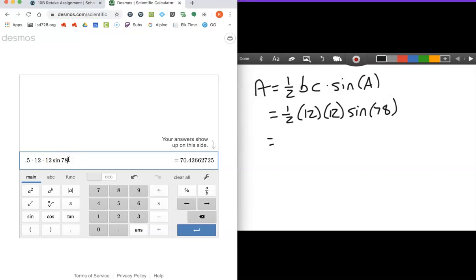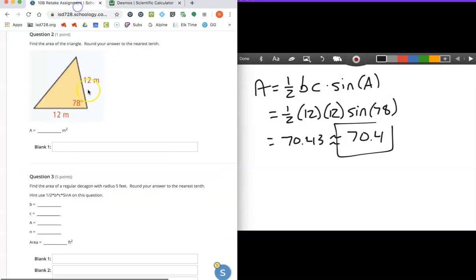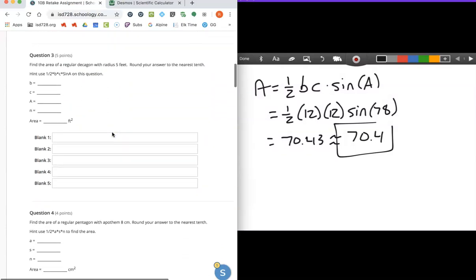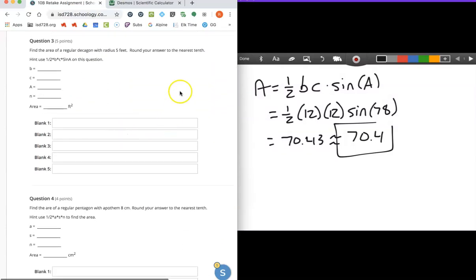That's going to give us 70.42, or 70.43, I guess is the proper way to round that. But nearest tenth, that's going to round down to 70.4. They don't have us putting in the units, or the units are already attached at the end here. We'd be in square meters. So this one's 70.4.